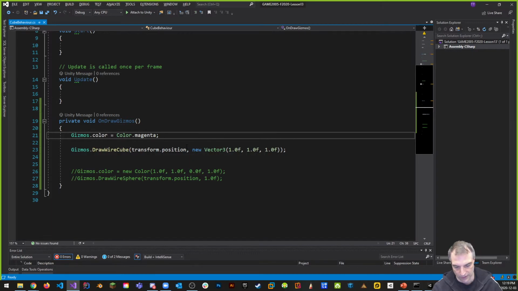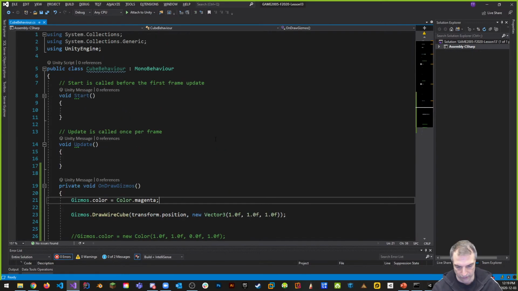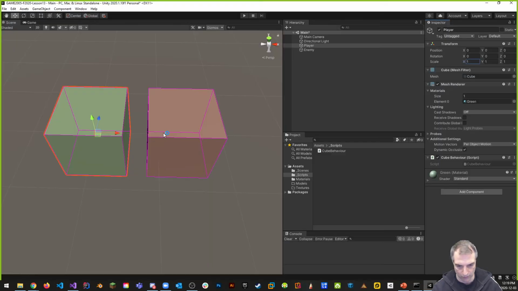There are many ways to do this. First of all, the first thing I want to do is detect the size of my cube. We can tap into some parts of what we know. We know that each cube has a renderer, and it has a mesh filter.